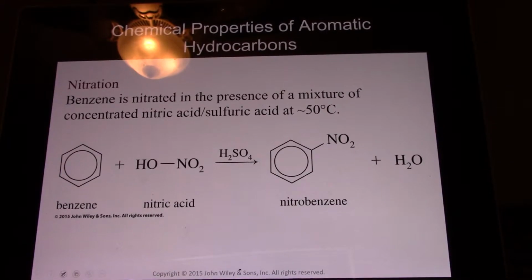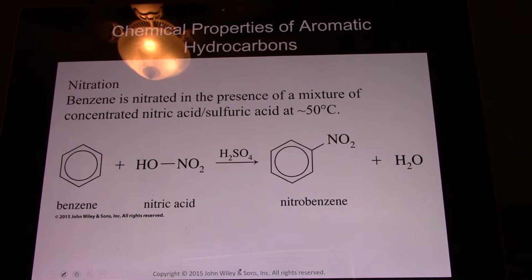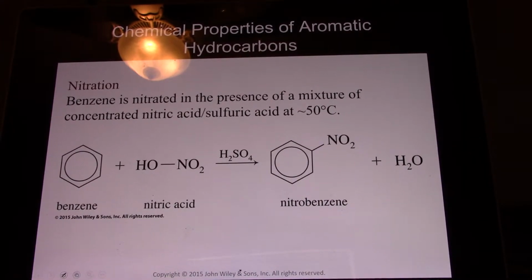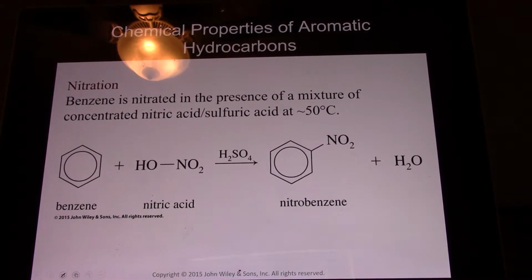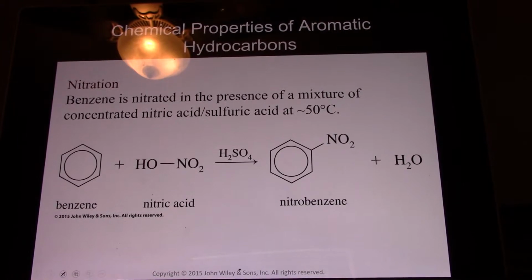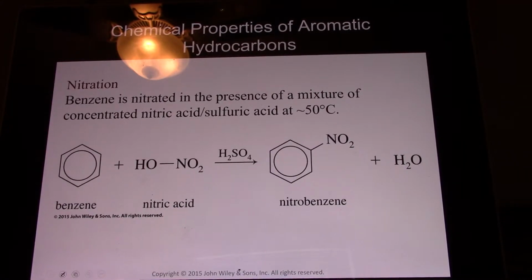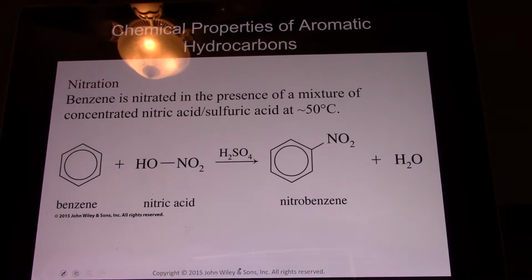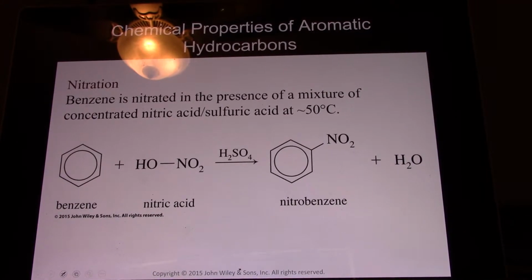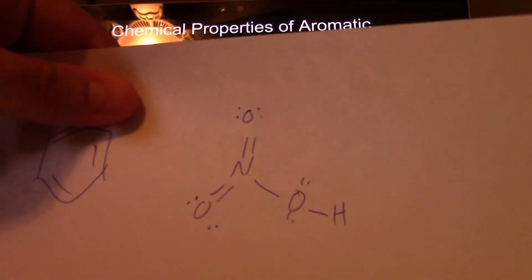And if we draw that out, we're starting with nitric acid with a structure like that.